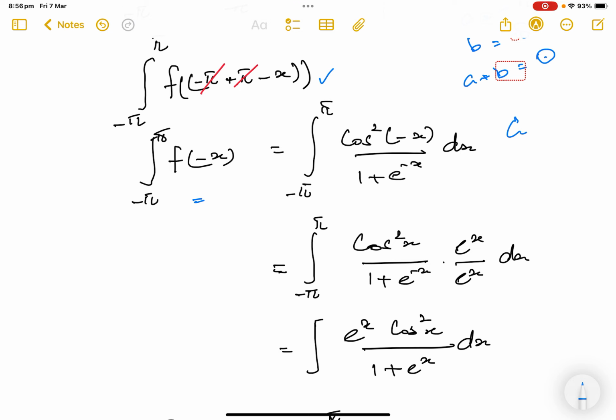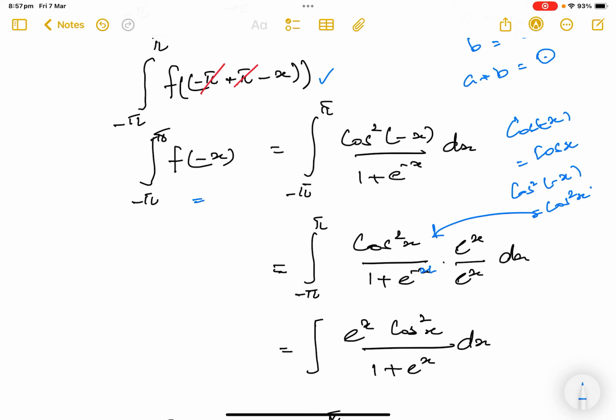We know cos(-x) equals cos x. Therefore, cos squared(-x) equals cos squared x. So that is what I have here. It's simply cos squared x, and 1 plus e to the power -x.